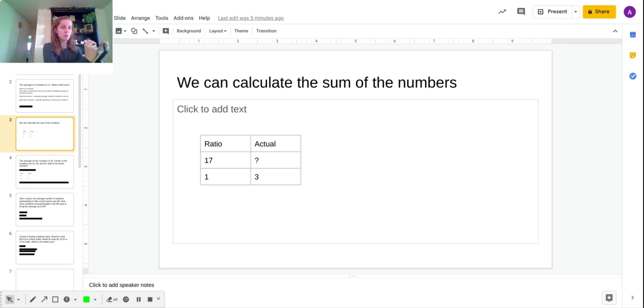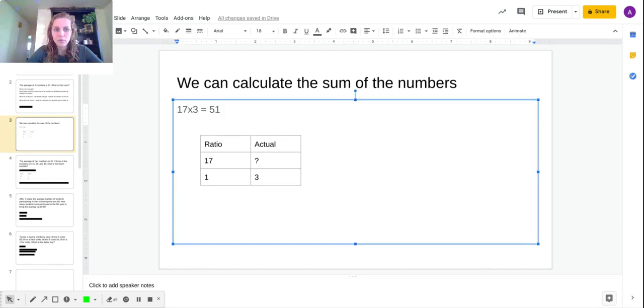So basically I'm just doing 17 times 3. Somebody help me out with that. What is that? So 17 times 3 is 51, as you can see here.